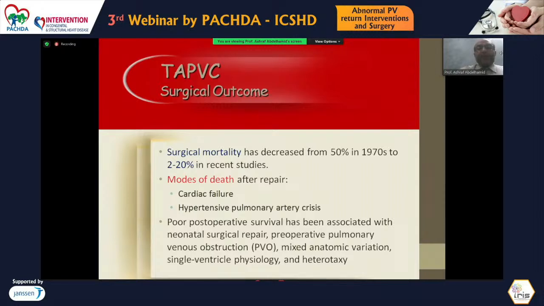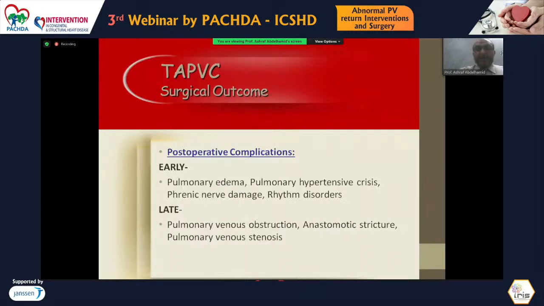Poor postoperative survival has been associated with neonatal surgical repair, preoperative pulmonary venous obstruction, mixed anatomic variation, single ventricle, and heterotaxia. Early postoperative complications include pulmonary edema, pulmonary hypertensive crisis, phrenic nerve damage, or rhythm disorders because of the suturing through the atrial walls.